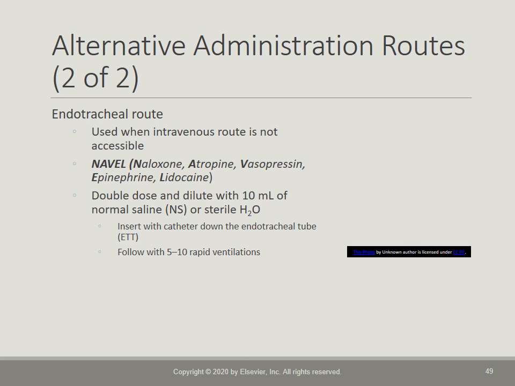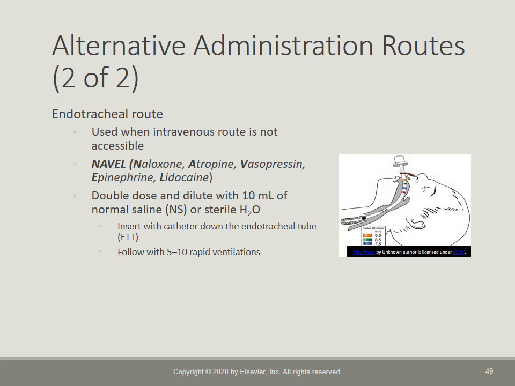You need to give a double dose and dilute with 10 milliliters of normal saline. It works best when the ET tube is already in place, and then follow the instillation of the drug with 5 to 10 rapid ventilations. This is not the preferred route of administration.